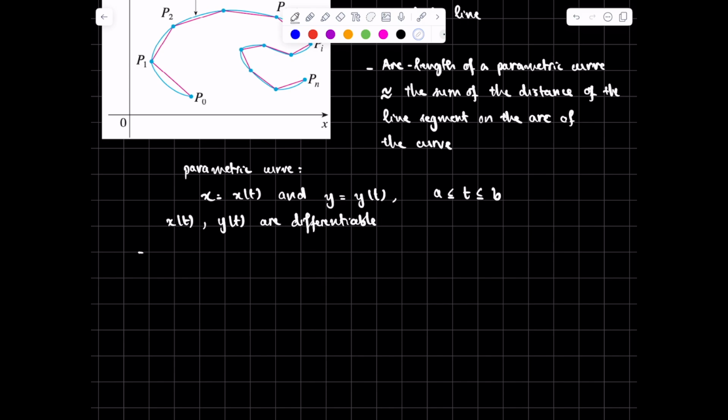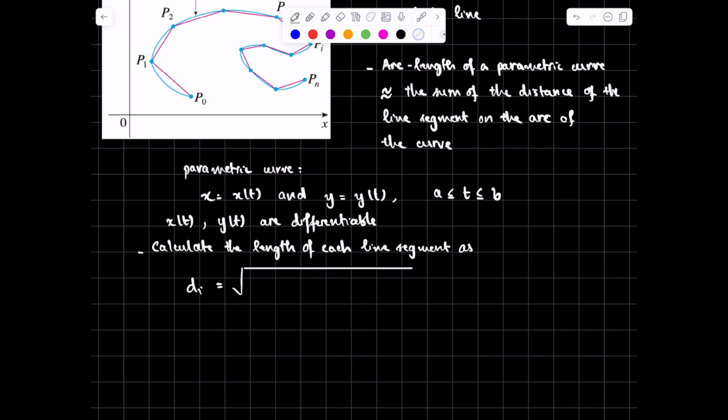So we're going to calculate the length of each line segment as d, the distance, d sub i, is equal to the square root of x of t sub i minus x of t sub i minus 1, squared, plus y of t sub i minus y of t sub i minus 1, squared.